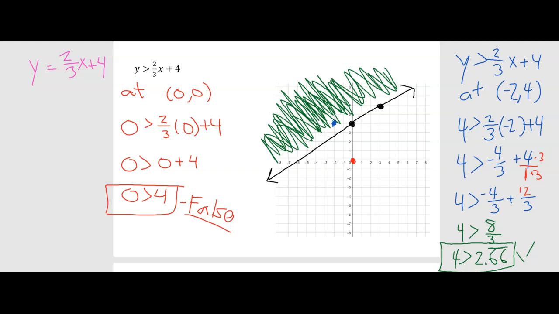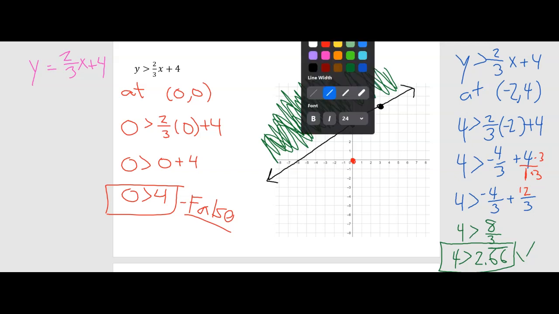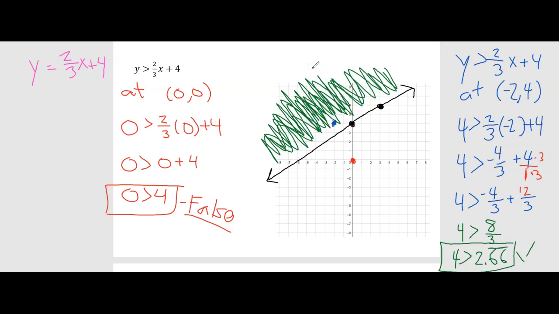Now, the very last thing is this inequality was just a greater than. There was no equal to sign. So we need to go back and think about the points on this line. Do the points on this line work? Well, let's look at one of them, 0, 4, and let's test.